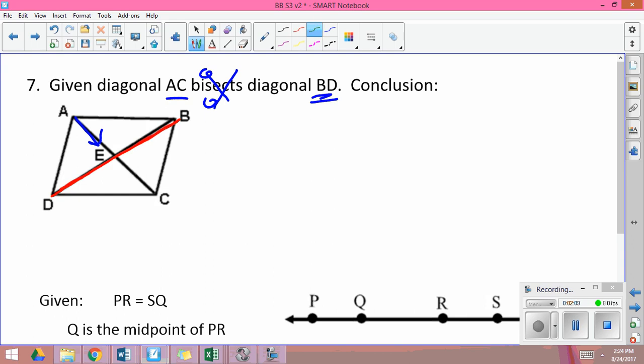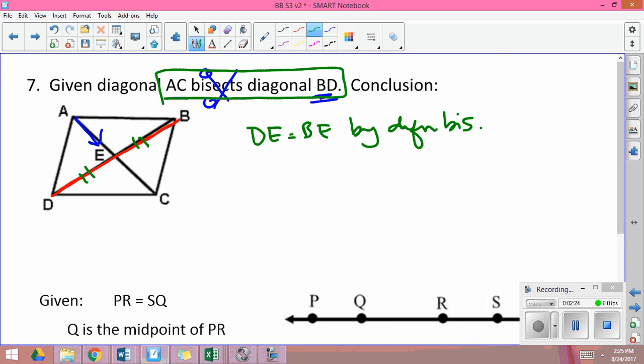So what we know is that DE is equal to BE by definition of bisector. How do I know it's definition of bisector? Because my words told me I had a bisector. Words to the equation. If it has words to an equation, it's almost always definition of whatever your word is.